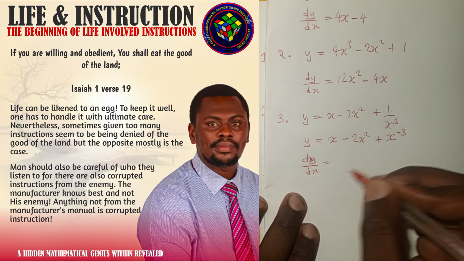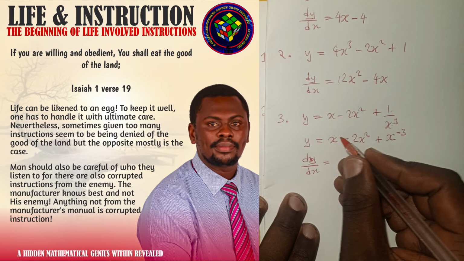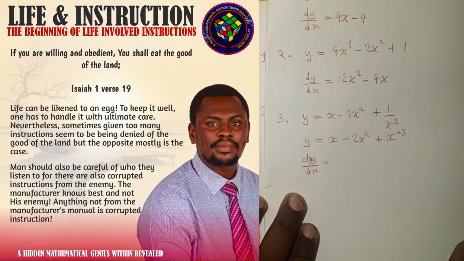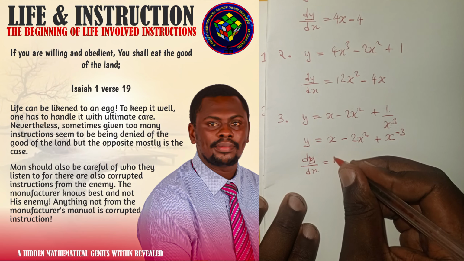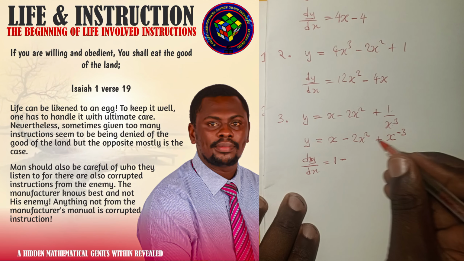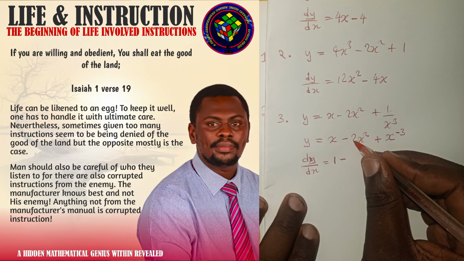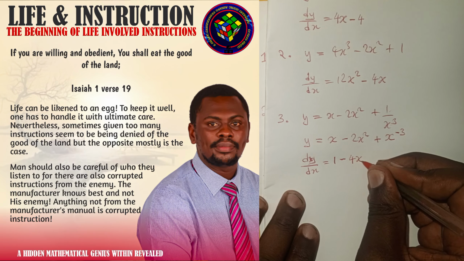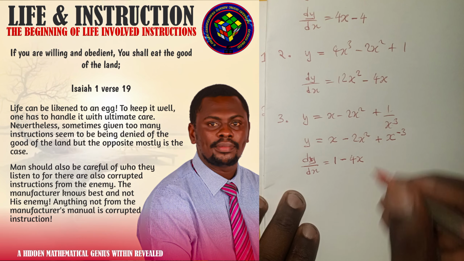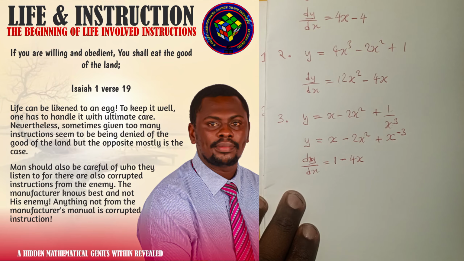So 1 times 1 is 1, and you reduce the power by 1, so we're going to have a 0, and we know that any number to the power 0 is 1. So the derivative of a single variable is just 1. So derivative of x, you get 1 minus, here the power multiplies the coefficient. So 2 times 2, you get 4. Then x, the power reduced by 1, so you get just x.